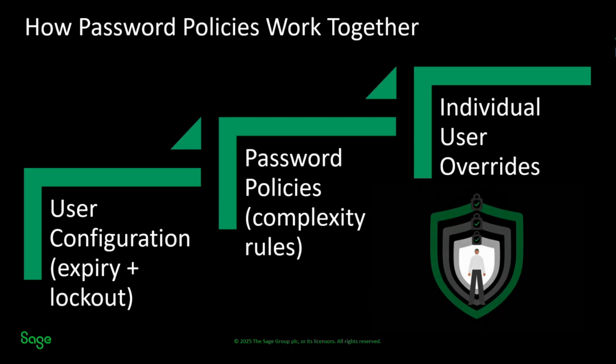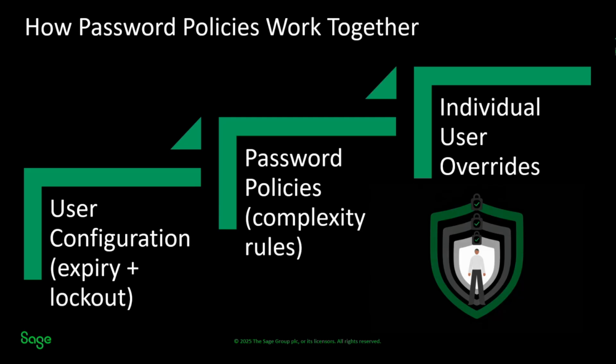Now, how does everything we've looked at so far work together? Well, the concept of security for passwords really is dependent on what we set within the user configuration. That's to do with expiry dates and lockout information. So we take the idea of user configuration and add to it the general password policies, which is to do with the complexity that we're enforcing on passwords, and then also combine that with the individual user override.